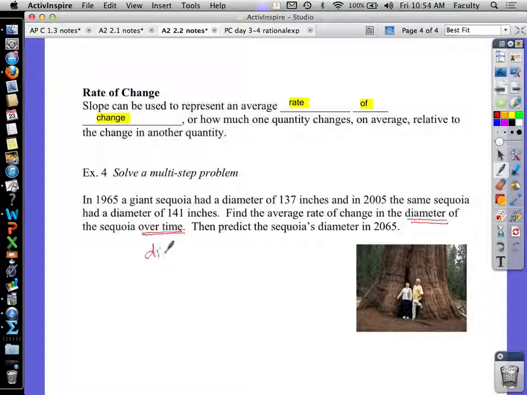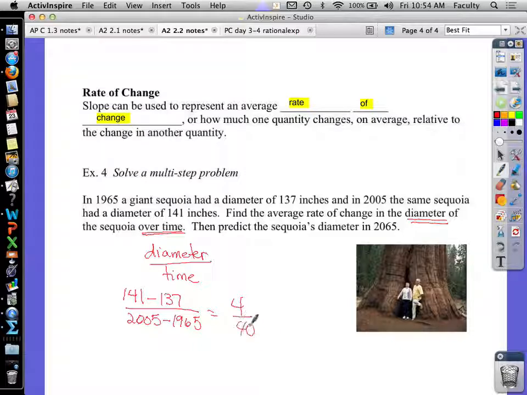So that's telling us we want to find the slope, where its change in diameter over change in time. So the diameter went 141 to 137, and it was 2005 minus 1965. Well, that's 4 over 40, which is 1 over 10.